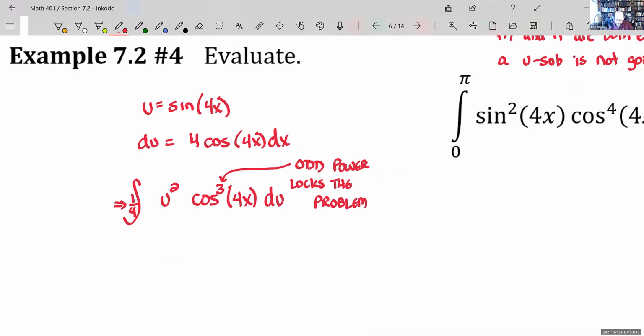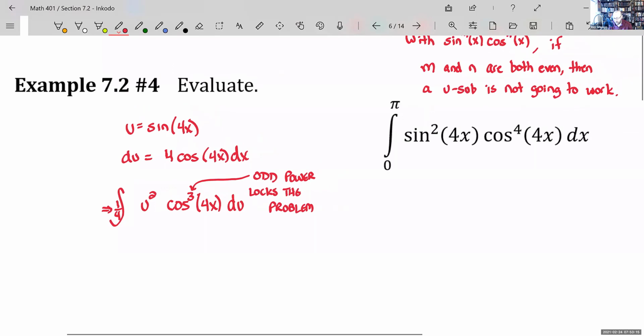So in these cases where you have even powers on the sines and the cosines, you're going to have to go to a different technique. Well, the different technique is just that mantra that I say a lot: arithmetic before algebra, algebra before trig, trig before calculus. And we're going to perform some trig before we start into our calculus. Specifically, we're going to reduce some powers here.